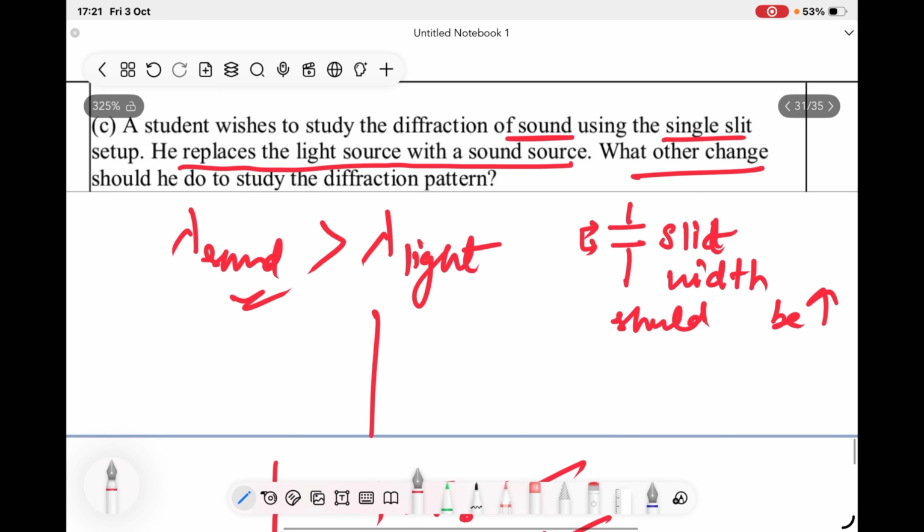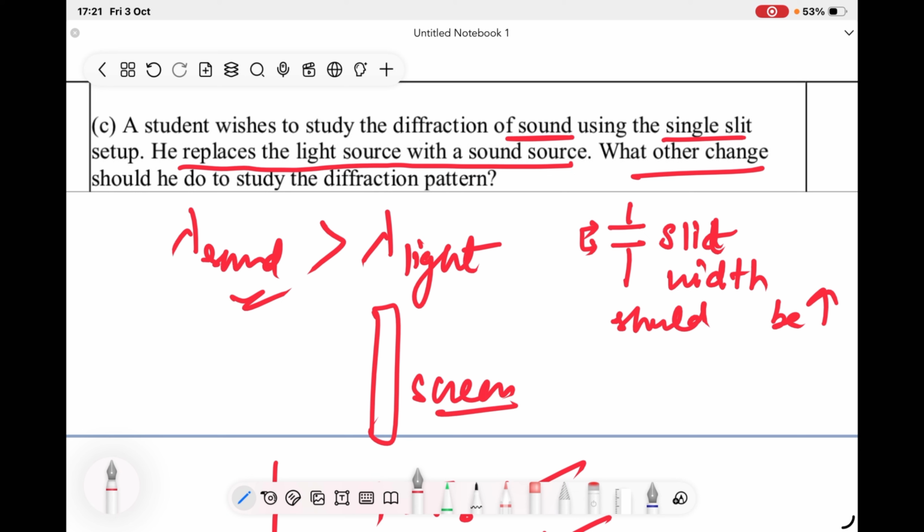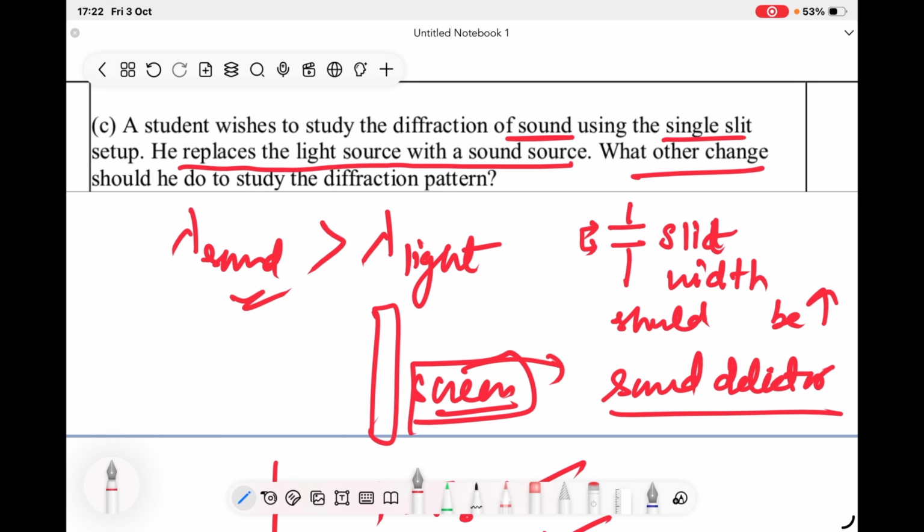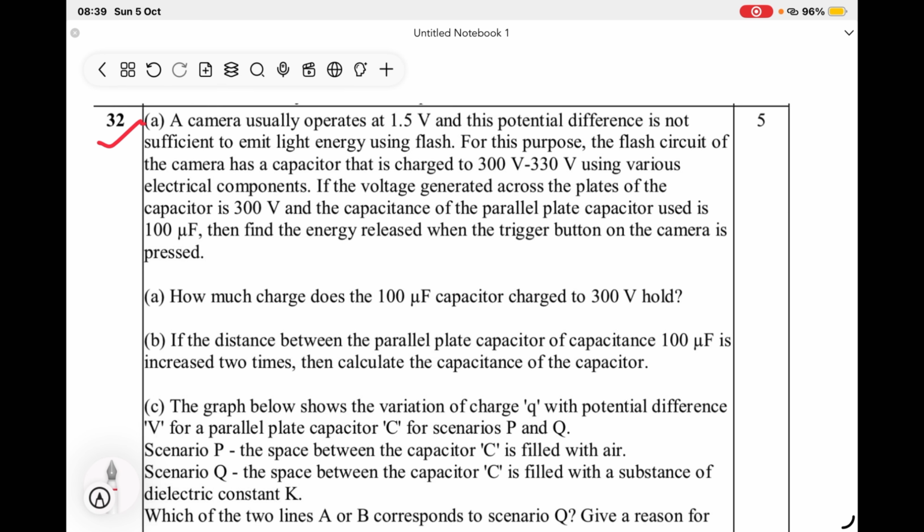Earlier you were using a screen to observe dark and bright fringes, and now you should use a sound detector. So the screen should be replaced with a sound detector, and the slit opening should be increased because the wavelength of sound is higher than that of light.